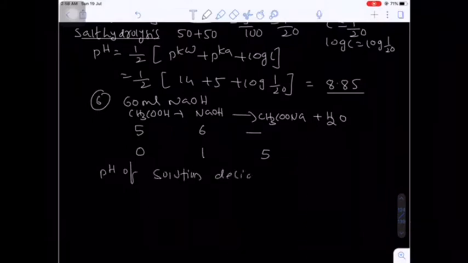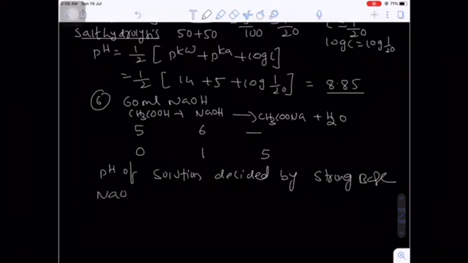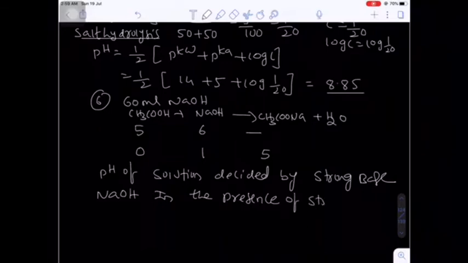That means now the pH of the solution is decided by the strong base, that is sodium hydroxide.